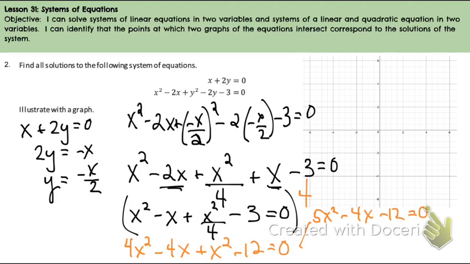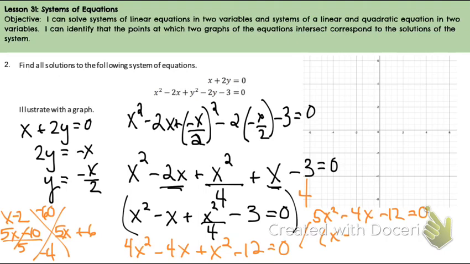So now I need to factor that quadratic function. So 5 times negative 12 is negative 60, and they have to add up to negative 4. So two numbers that would do that would be negative 10 and positive 6. My coefficient is 5x. If I put that in front of this one, the 5x minus 10, I can divide them both by 5, and that becomes x minus 2.